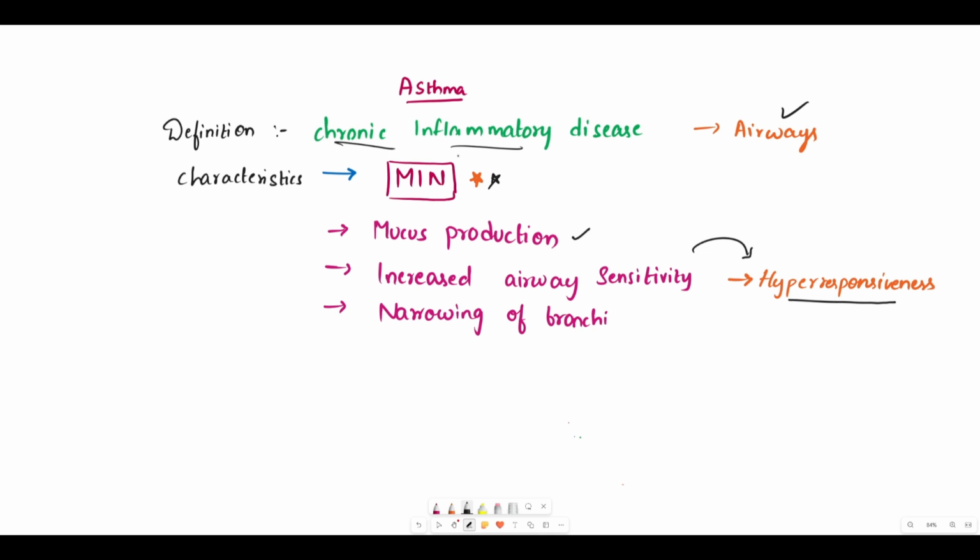So a chronic inflammatory disease of the airways, characterized by excessive mucus production, increased airway sensitivity, and narrowing of bronchi is called asthma.